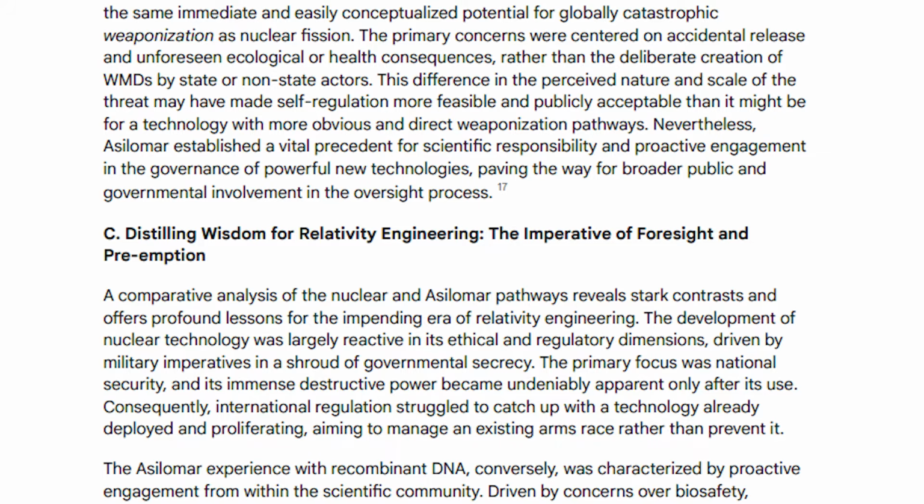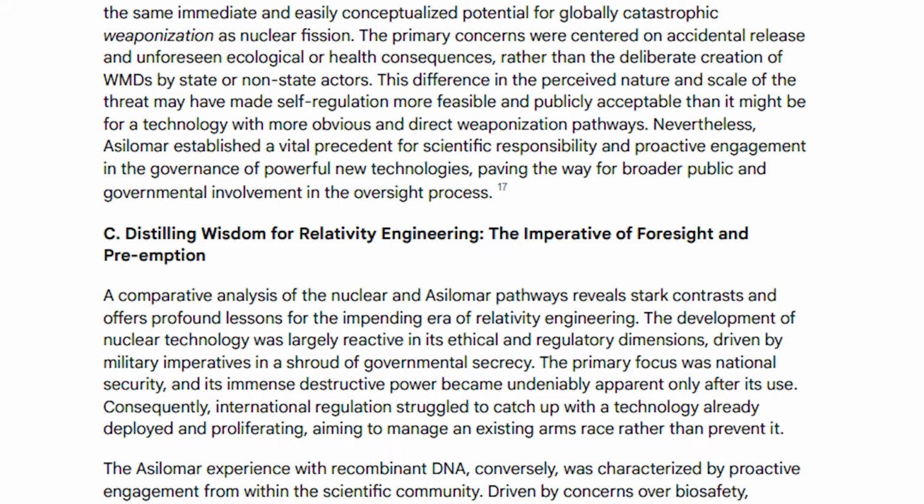The primary concerns were centered on accidental release and unforeseen ecological or health consequences, rather than the deliberate creation of WMDs by state or non-state actors. This difference in the perceived nature and scale of the threat may have made self-regulation more feasible and publicly acceptable than it might be for a technology with more obvious and direct weaponization pathways.